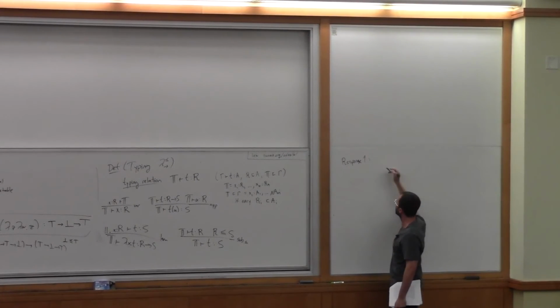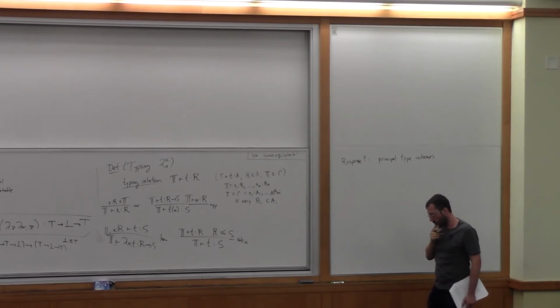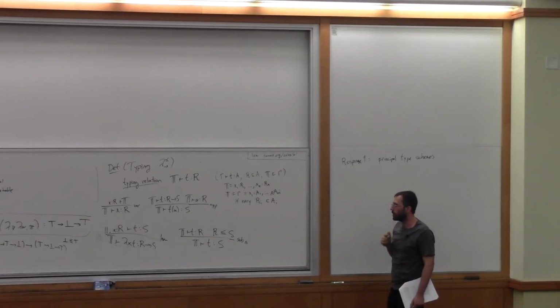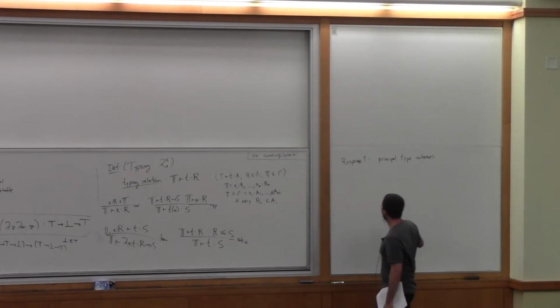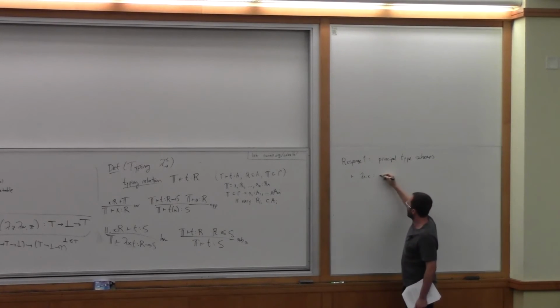Really, we should be talking about so-called principal type schemes. So what does that mean? Well, for example, the identity term, we could give it an abstract type.